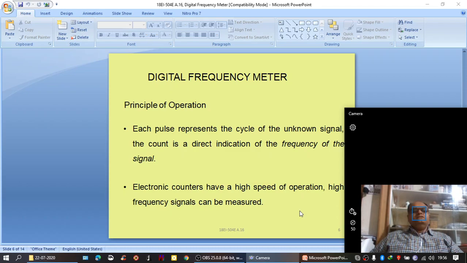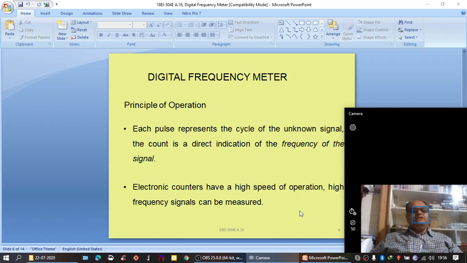Electronic counters are a different topic altogether, with in-depth analysis in a separate topic. But what we have to remember here is electronic counters have a very high speed of operation.